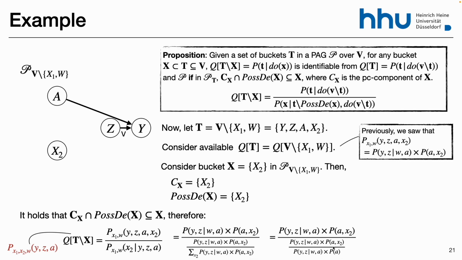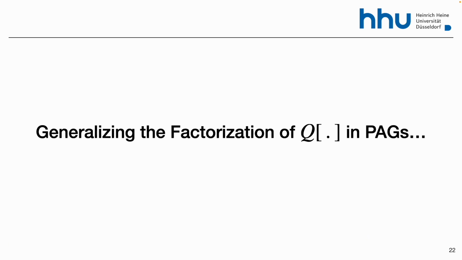Then I have just the probability of A, and this cancels with this one here, and then this one cancels with the other one here, and then this goes up. Okay, so just simplifications. Any questions up to here?